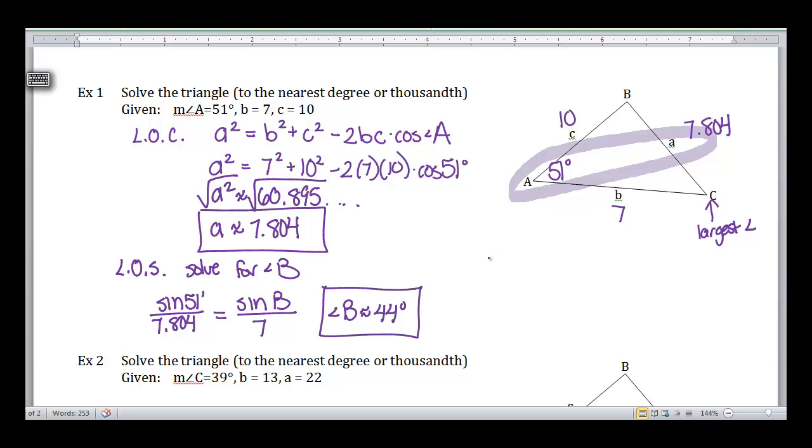If I want to find angle C, I can just take 180 degrees, subtract out the 51 I was given and the 44 that we just found, and I see that angle C is going to be about 85 degrees.